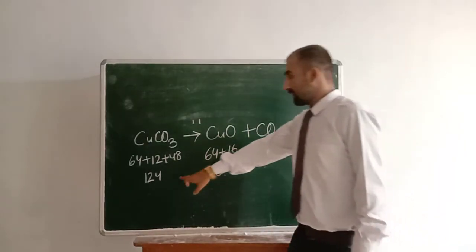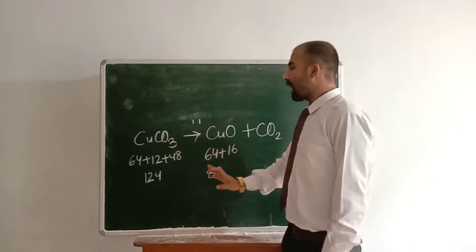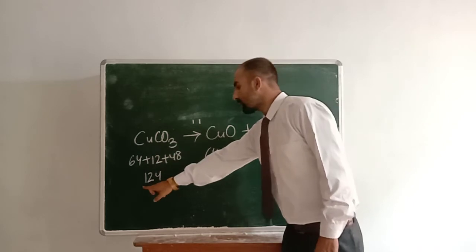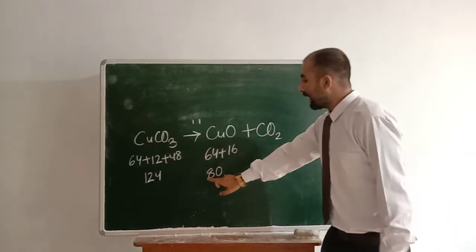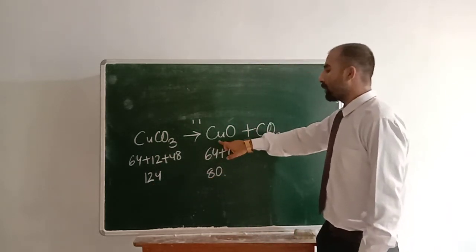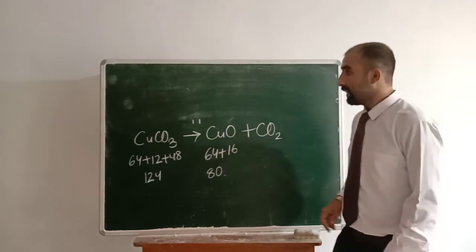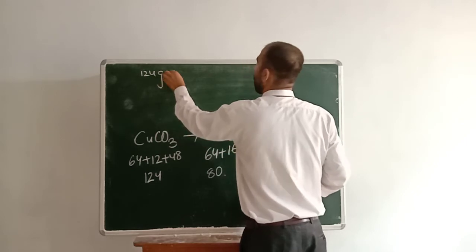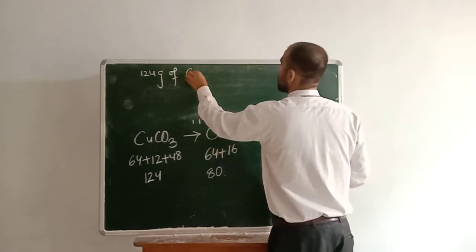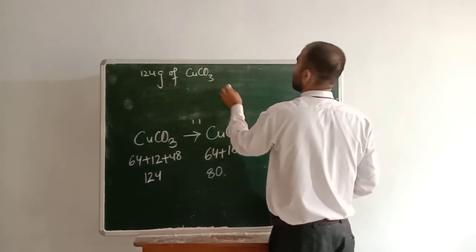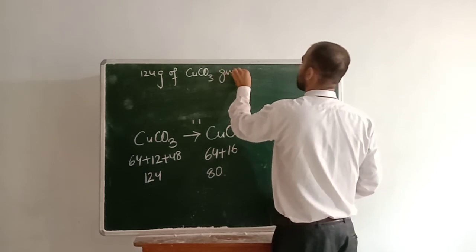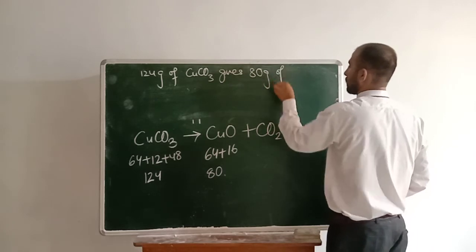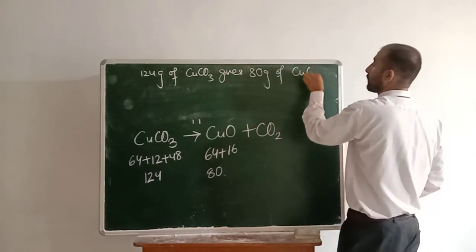Now you can see that if the copper carbonate is pure, then from 124 gram of copper carbonate, 80 gram of copper oxide should be produced. 124 gram of CuCO3 gives 80 gram of CuO, right?